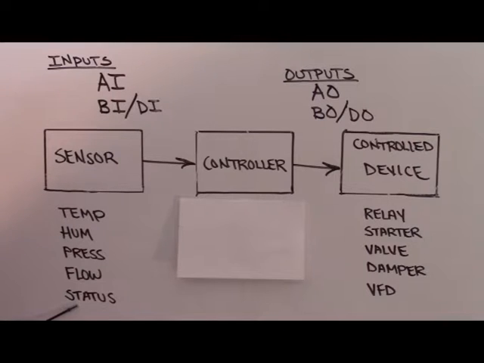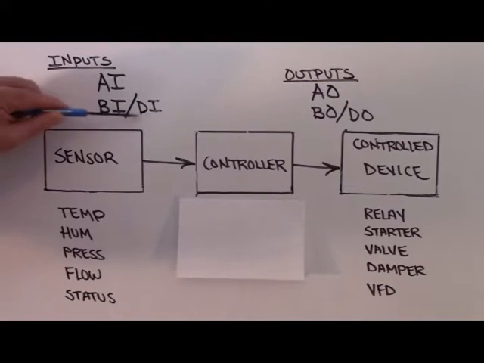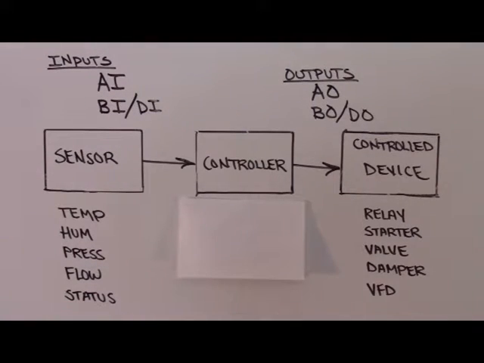All sensors will take whatever they measure, and they will be measured as either an analog signal or a binary signal. When we mean analog, we mean anything that is a variable, like temperature is a variable, humidity is a variable. Anything that's binary is an on or off kind of thing. We could also call it digital. Binary and digital mean the same thing.